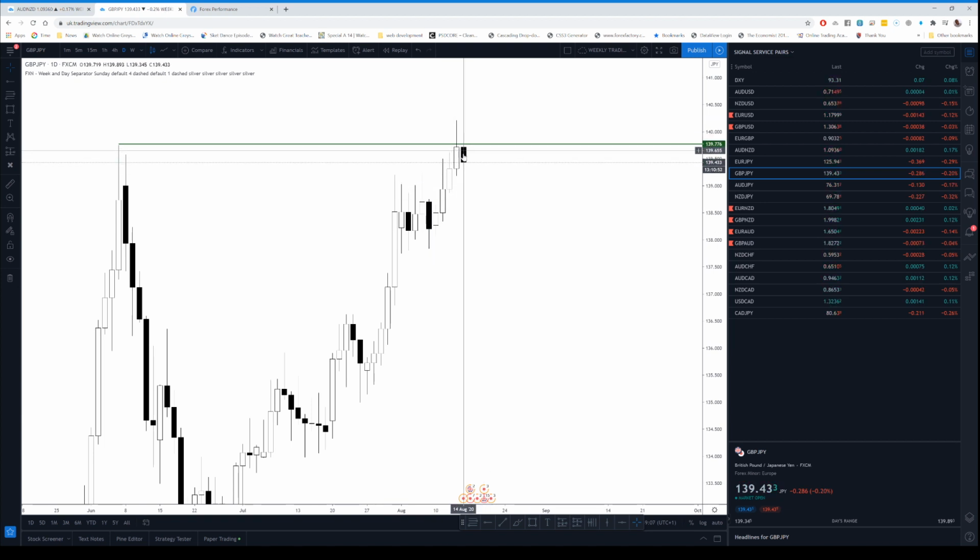So I don't think price will go back up here again for the rest of the week, because that's the high of the week placed in. 1 2 3 4 5, that's the low of the week, so we might end up inside somewhere in here. But I do like this area here for a possible trade next week for a continuation.